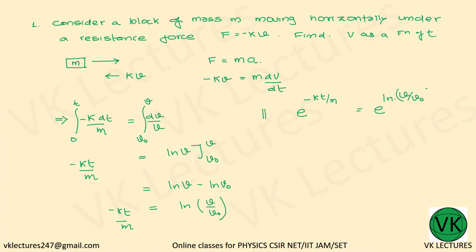Now e to the power log gets cancelled, so it becomes v by v naught equal to e to the power minus kt by m, and v is equal to v naught e to the power minus kt by m. So this is the velocity in terms of t. It's an exponentially decreasing velocity.